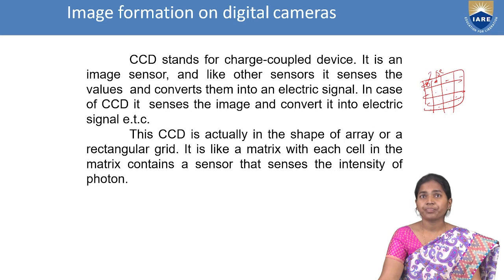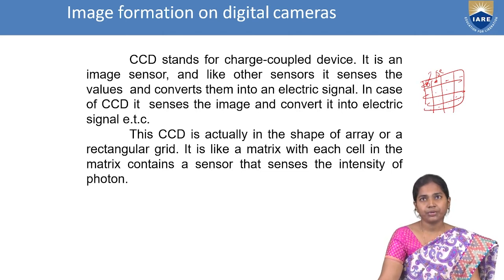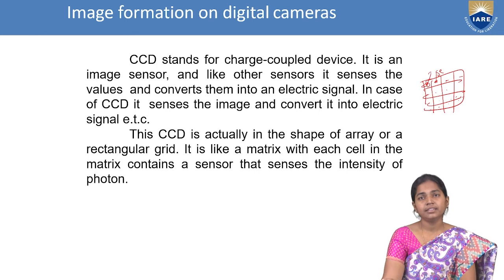So it is an image sensor, and like other sensors, it senses the value and converts it into an electric signal. In case of charge coupled device, it sends the image converted into an electrical signal. So the light energy can be converted into electrical form.